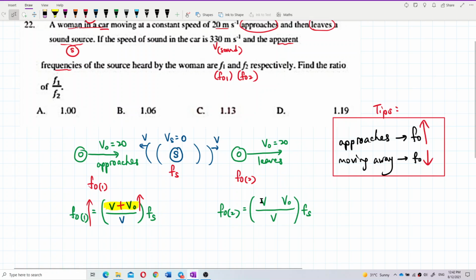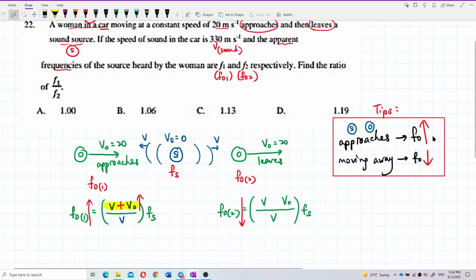That's it. Okay? But now the observer is leaving. Observer leaving means observed frequency should decrease, because it's leaving. When moving away, leaving, observed frequency should decrease. I just tell you again, no matter who approaches who, whether the source approaches or the observer approaches, the observed frequency should increase.